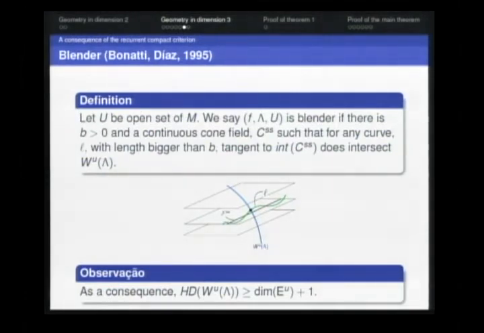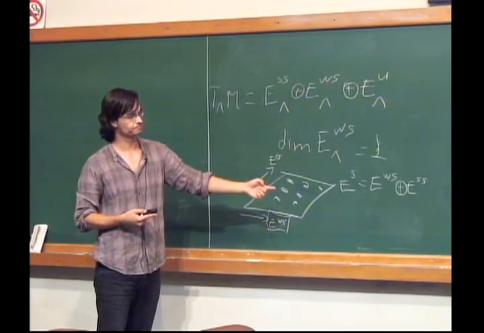So it kind of spreads the unstable manifold of the horseshoe along the weak stable direction.